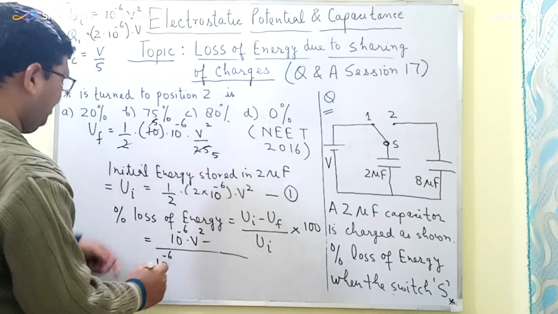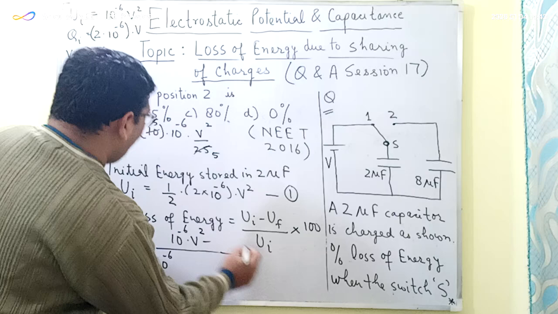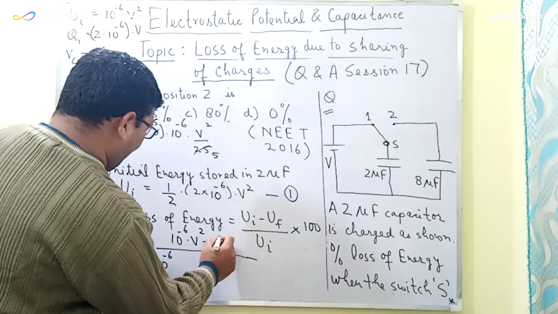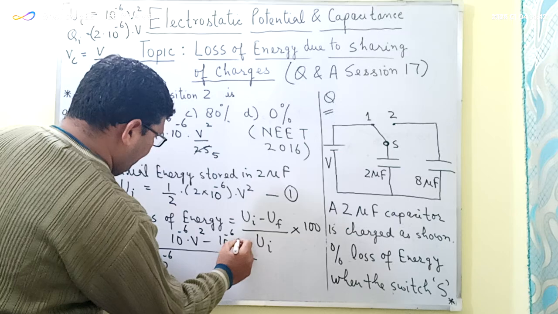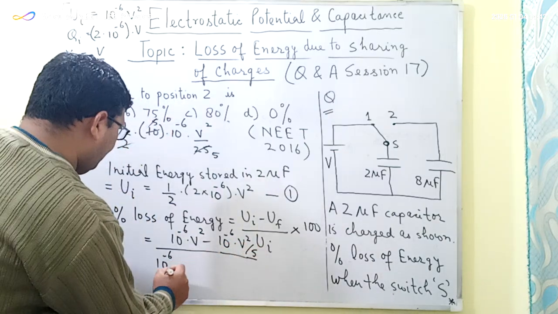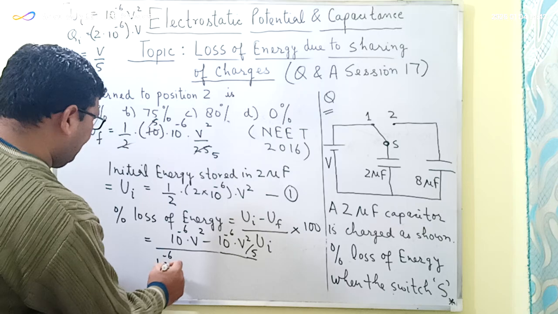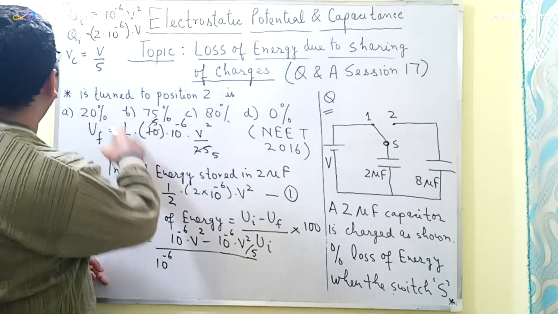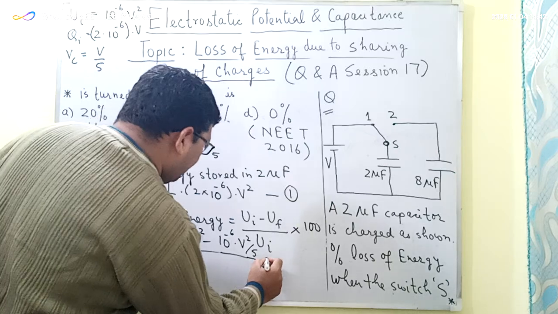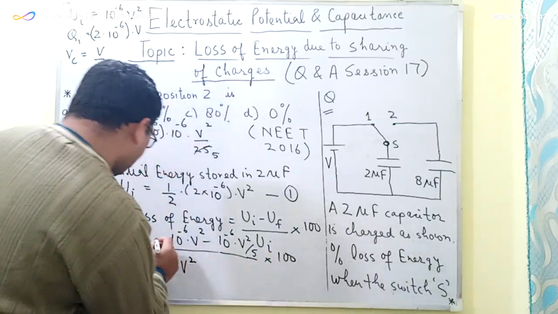So this is equal to 10 to the power minus 6 V square upon 5, divided by Ui, which is equal to 10 to the power minus 6 V square, and this will be into 100.